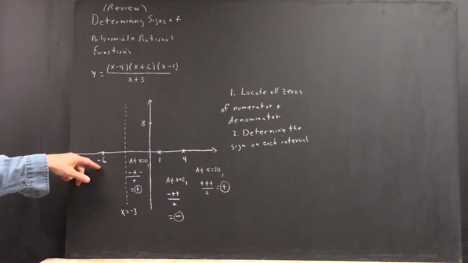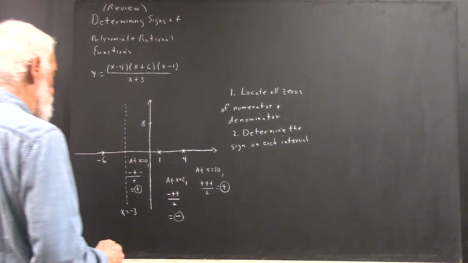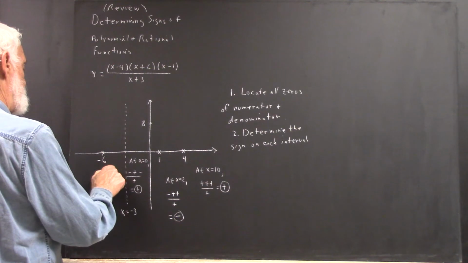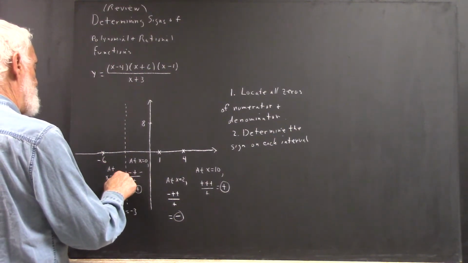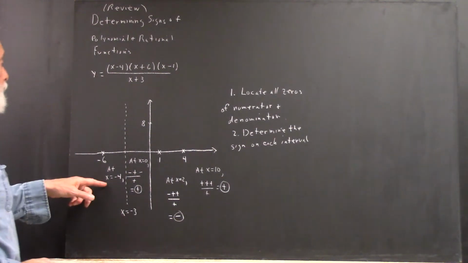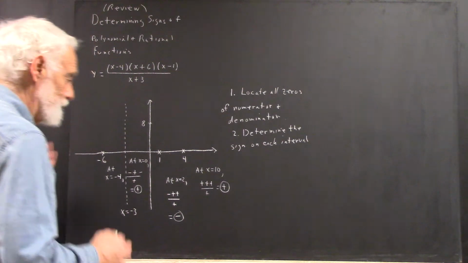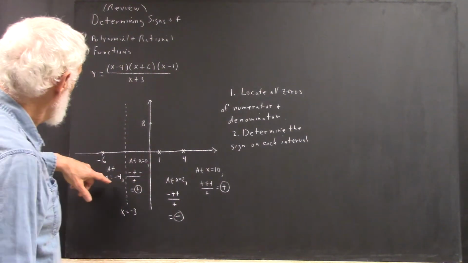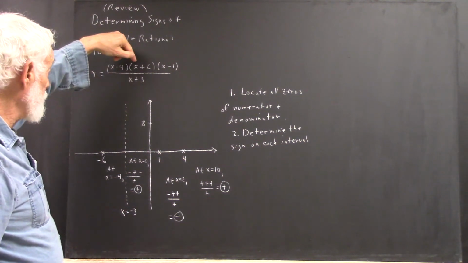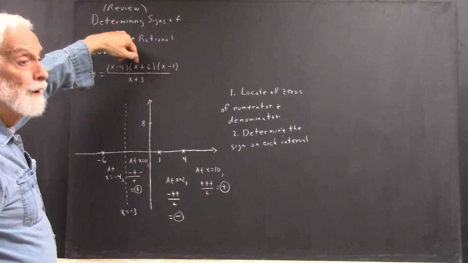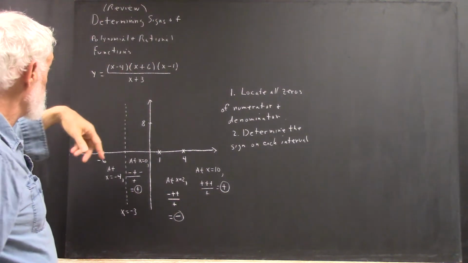Okay, between -6 and -3. Pick an easy number between -6 and -3. At x equals -4, -4 minus 4 is -8, that's negative. -4 plus 6, 6 is bigger than 4, is positive. -4 minus 1, that's 2 negatives, it's negative.